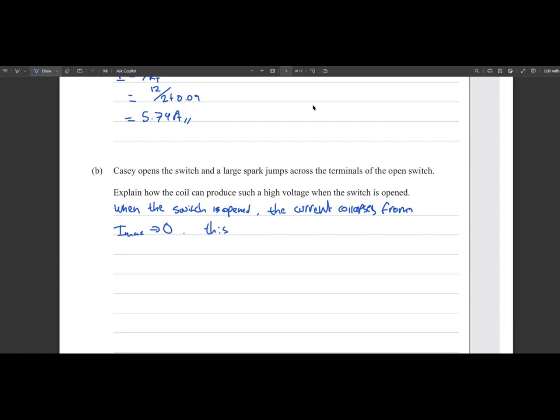This means that your change in current over time is going to be less than 0, right?